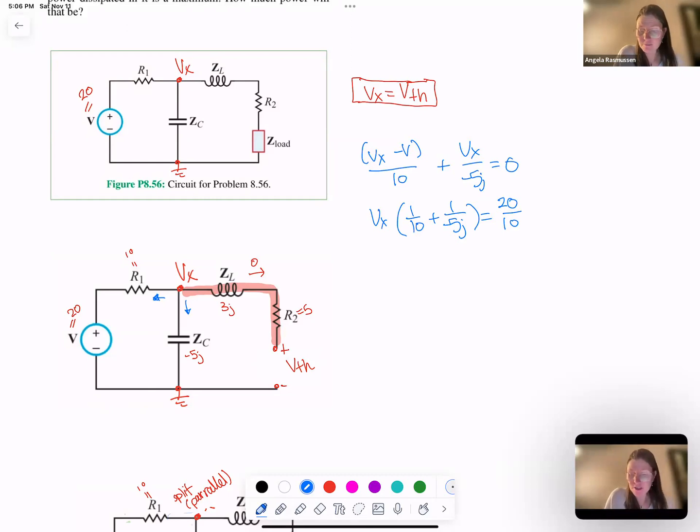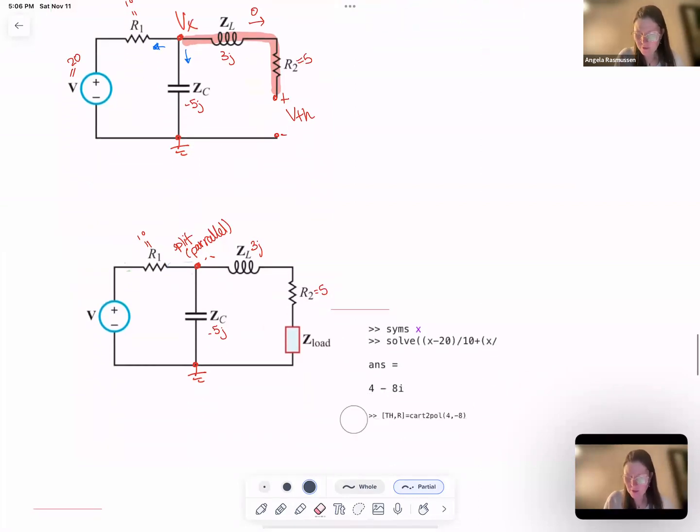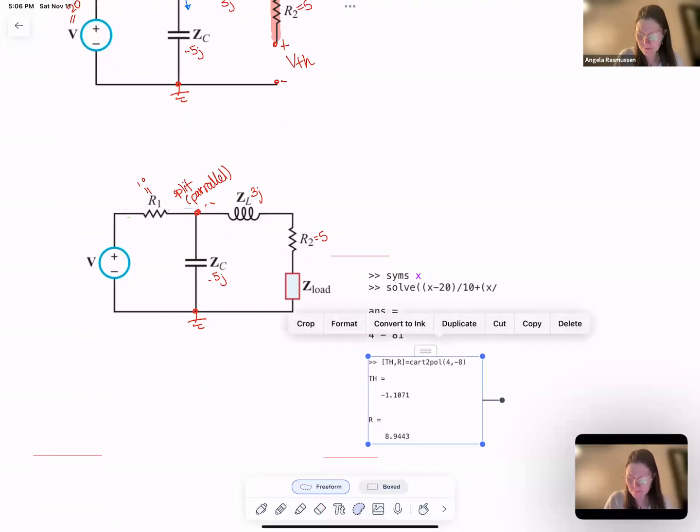I can either keep manipulating this or I can use a simulator.